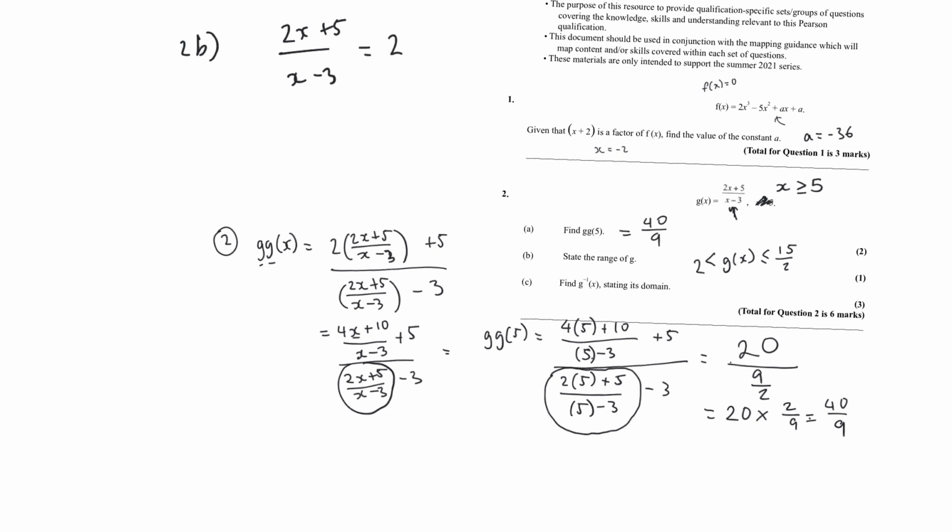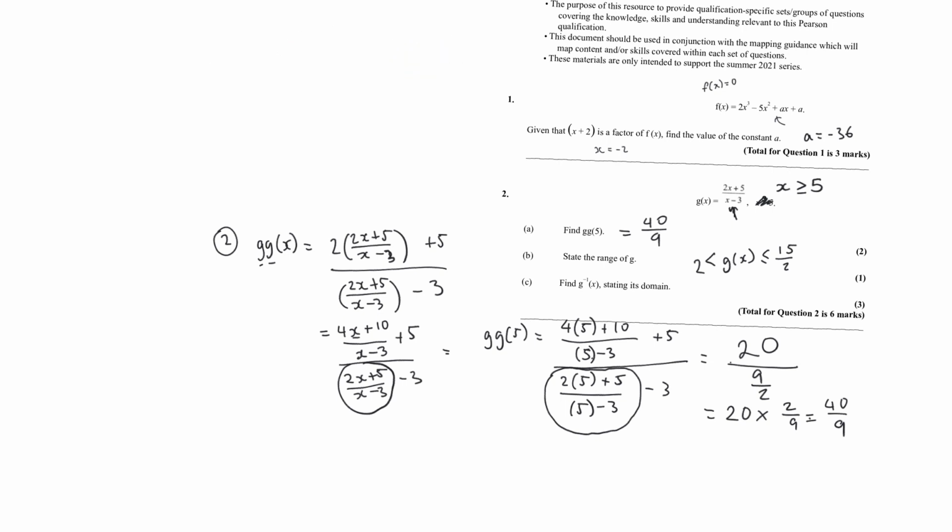Another way of writing that is 2 times x plus 5 over x minus 3, because if you multiply a whole number by a fraction, it multiplies the numerator. So essentially it's going to get closer to 2. So that's how you know it's getting closer to 2, and that's how we'd write our range.